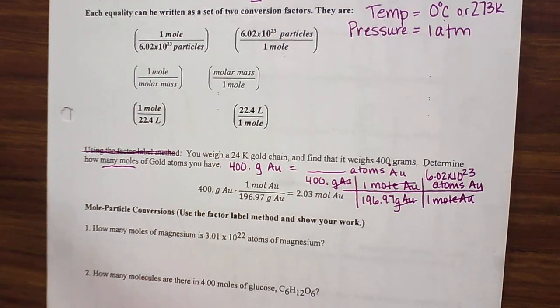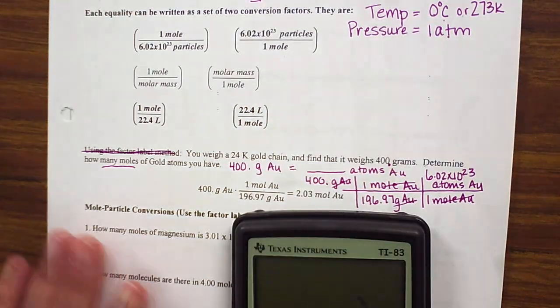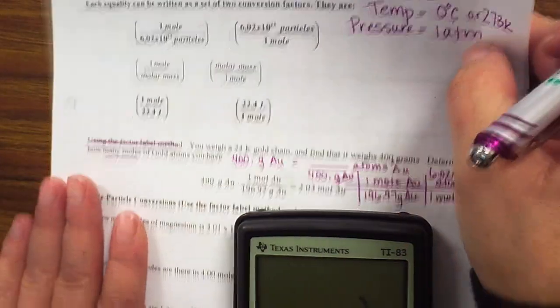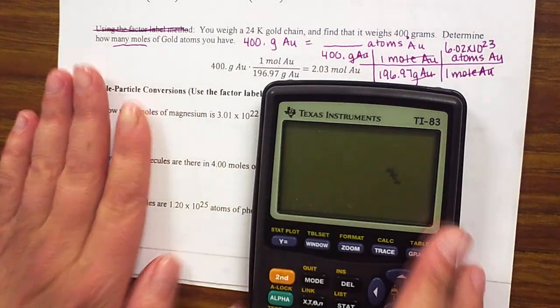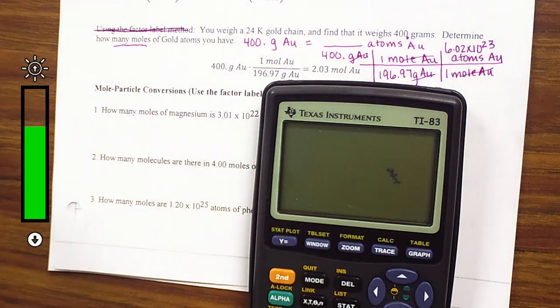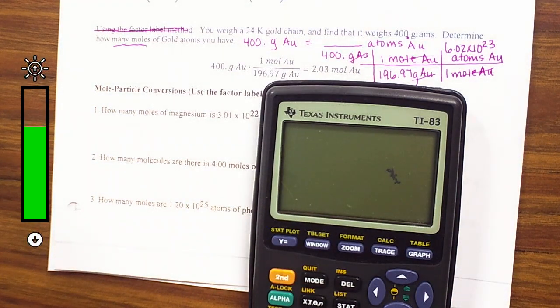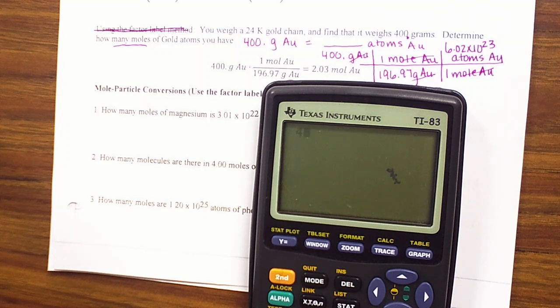Now, if I'm going to do the calculation on this, I'm going to take 400 times 6.02 E23, and then I'm going to divide by 196.97, the mass of the gold.